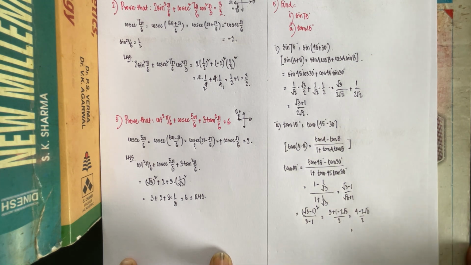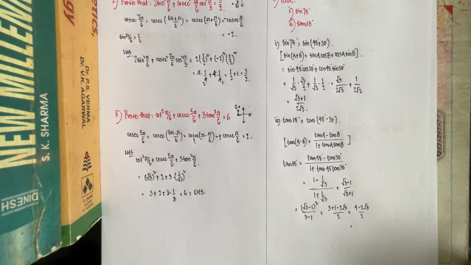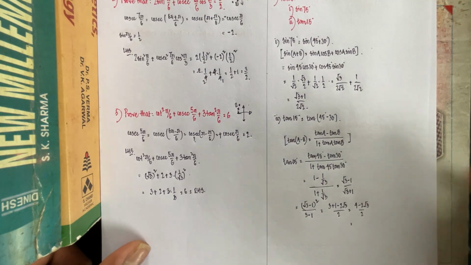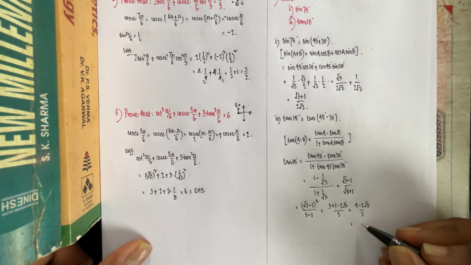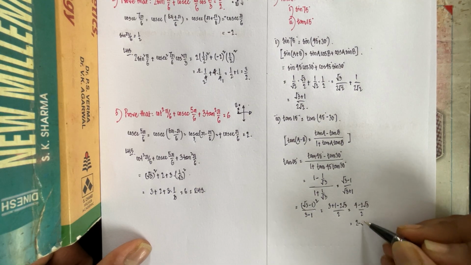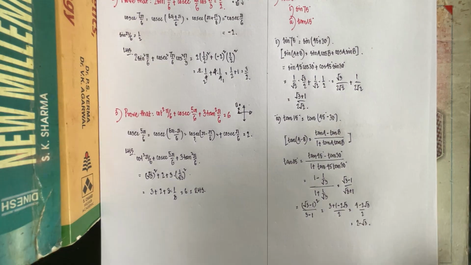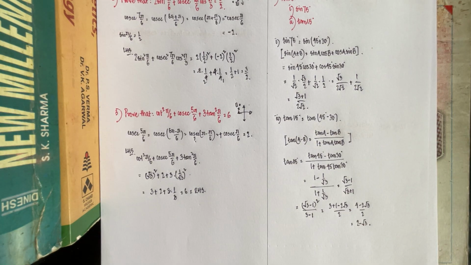If you take 2 common from the numerator and cancel it with the 2 in the denominator, we will get 2 minus root 3, and that is our solution for question number 1 to 5.